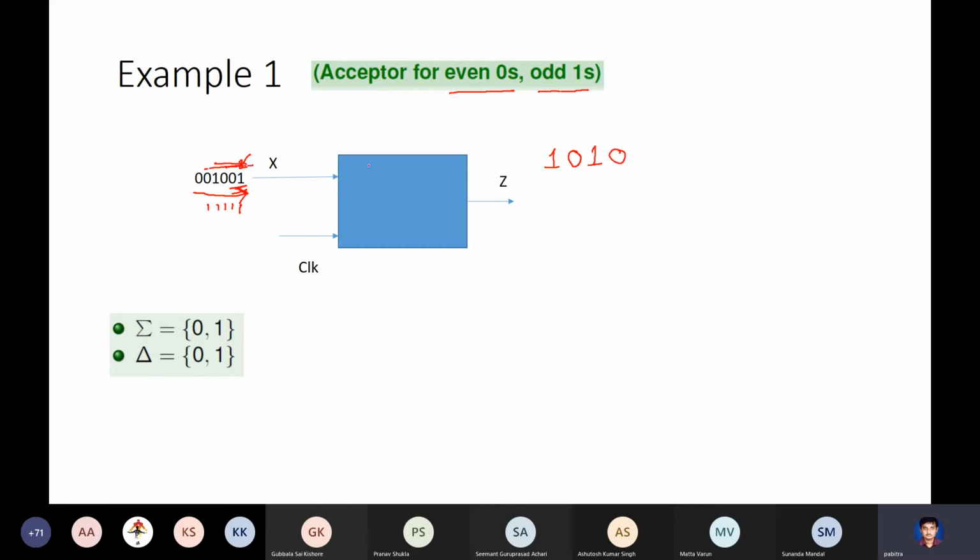Then 2 ones and 2 zeros, 0 again. Then 3 zeros and 2 ones, 0 again. Then 4 zeros and 2 ones, 0 again. Okay, I hope I'm correct. So this is what the output should be. This is the so-called problem statement.